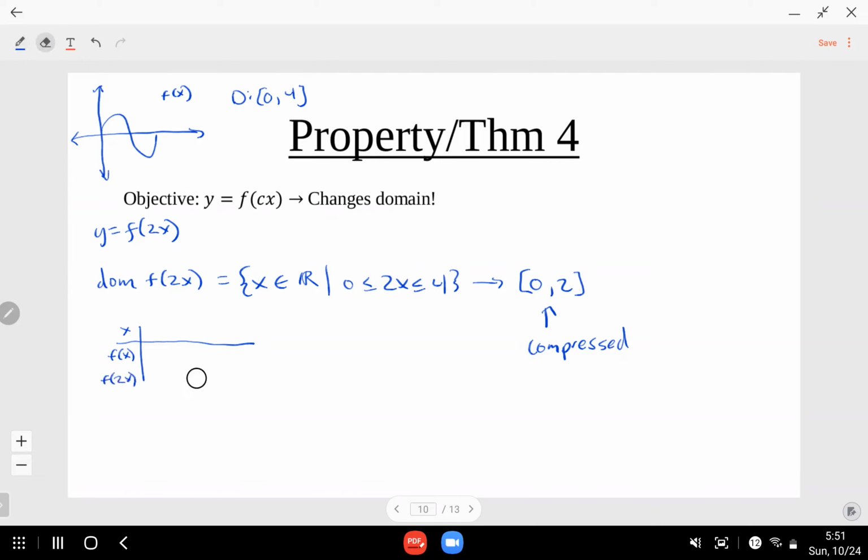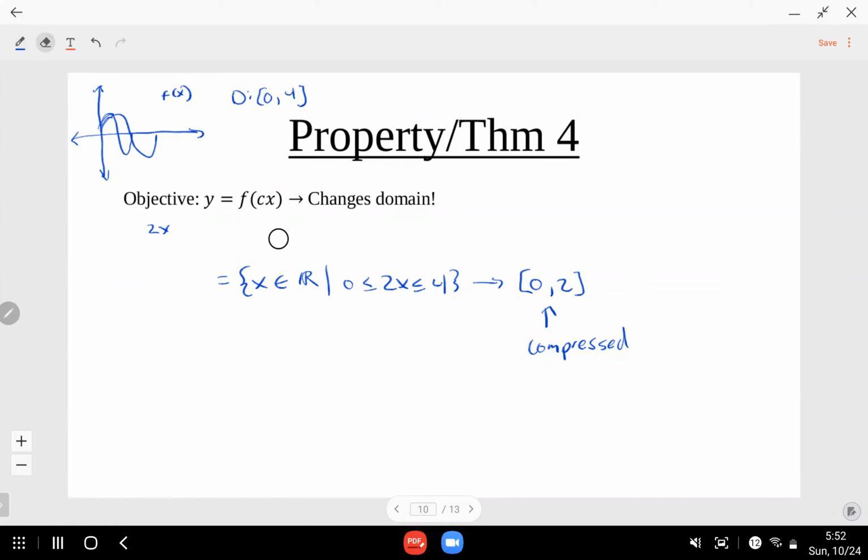These lines are horrendous. Apparently it doesn't want to cooperate. But you get the idea. I'm not going to create a chart. So basically it would look like this, right? It's going to get compressed horizontally. So that is going to be our new graph.